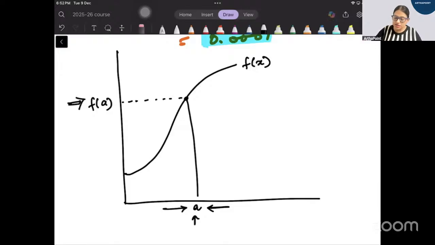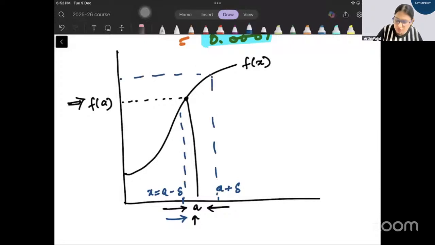Now what we are saying is that when I approach this a, whether from the left side or the right hand side, whether I take a minus delta, meaning the value of x is very close to a but a bit less than a, or whether I take a plus delta, very close to a but a bit more than a, the function values I get should be very close to this. So this should be f of a plus whatever epsilon we had taken, and this should be f of a minus epsilon. This is what the definition of limit is.